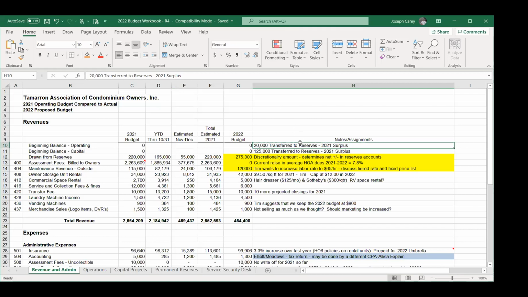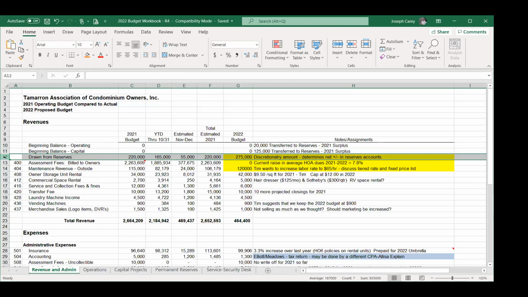So $20,000 will be transferred into reserves from the operating budgets, and $125,000 will be transferred into reserves from the 2021 surplus in the capital projects budgets. Currently, this figure, 275,000, is what we expect to draw from reserves in order to support this budget. That number will probably change as we move through this.